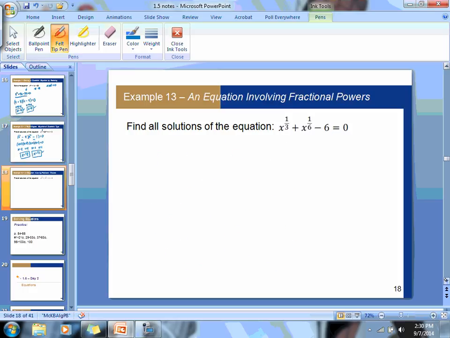Okay, our last example then is still a trinomial, and it's all still set equal to 0. We're still going to factor. The only difference is that we have fractional exponents this time. So when we factor here, we just need to ask ourselves, okay, x to what power times x to what power would get me x to 1/3?